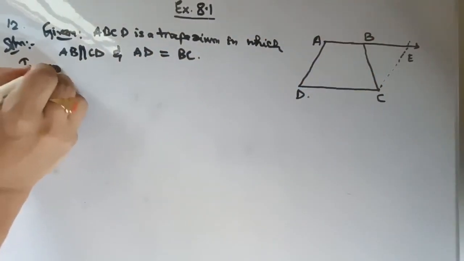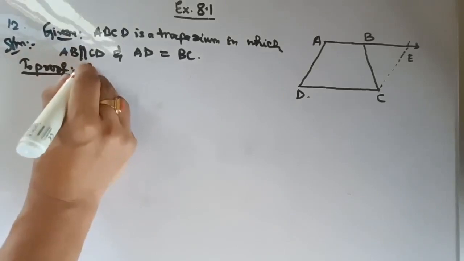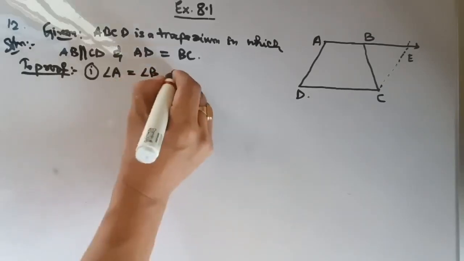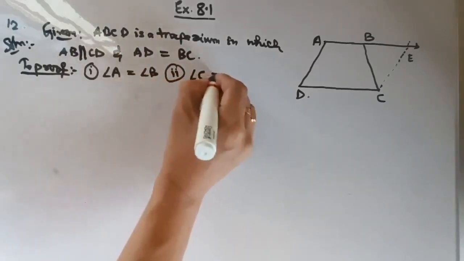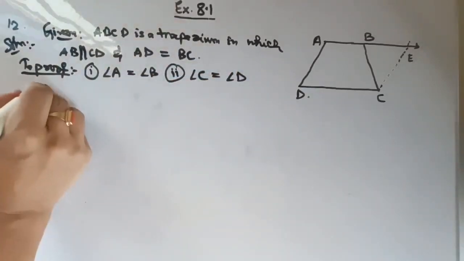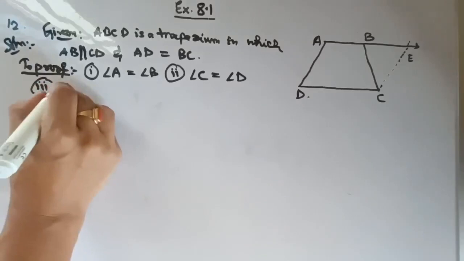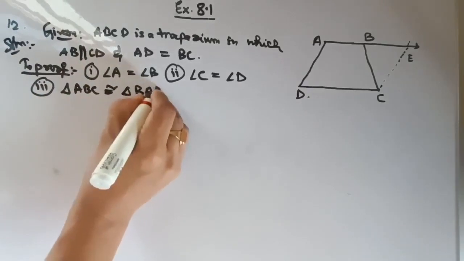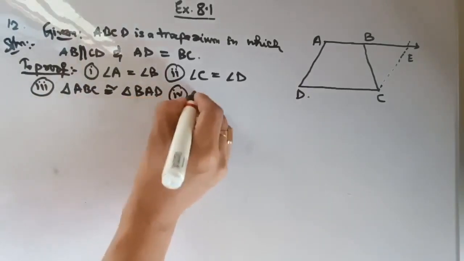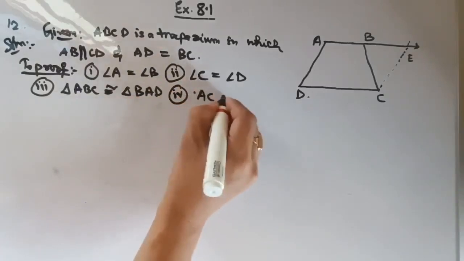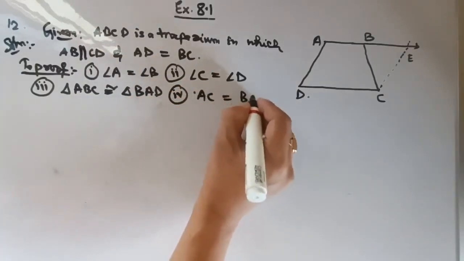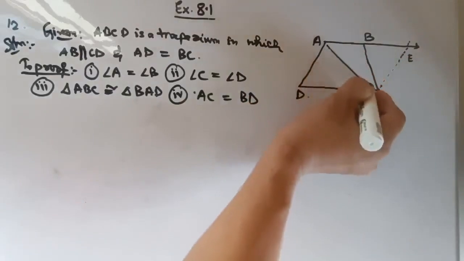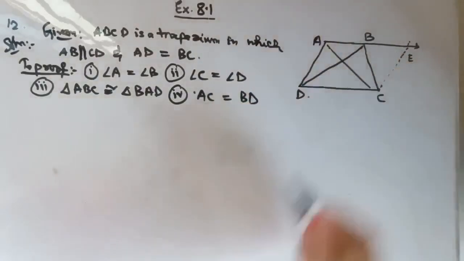To prove: Roman number 1, angle A is equal to angle B. Roman number 2, angle C is equal to angle D. Roman number 3, triangle ABC is congruent to triangle BAD. And last, Roman number 4, diagonal AC is equal to diagonal BD.